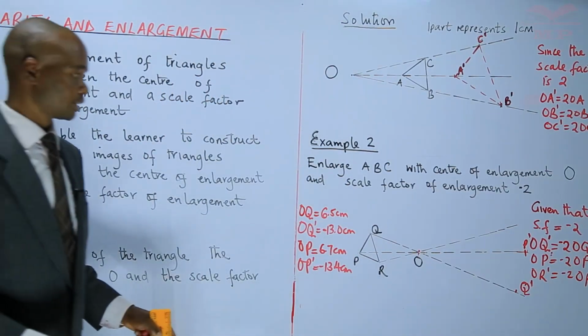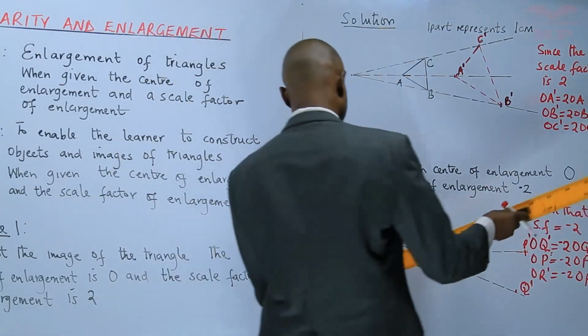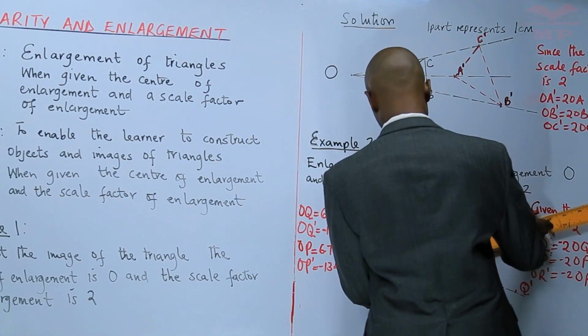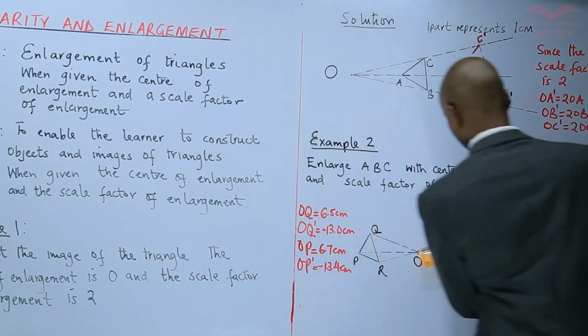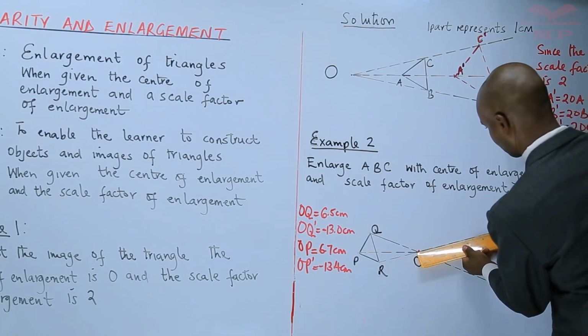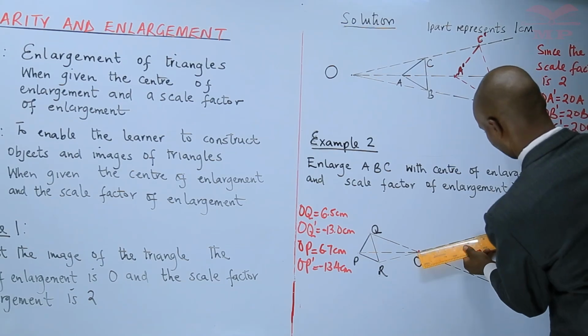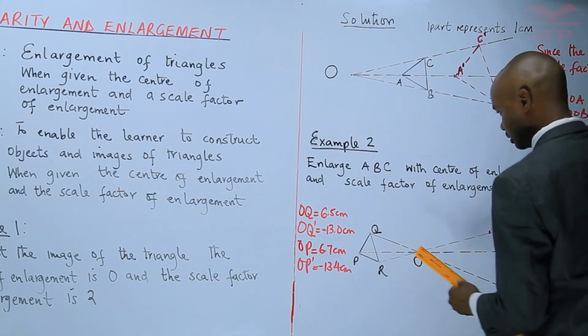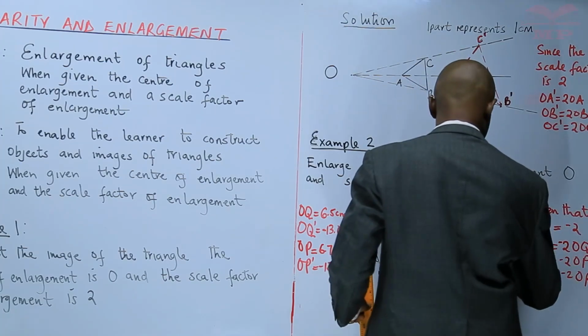We move to the last one, R. That is 4.5, 4.6. So this one will be 9.2. 9.2, it's here. That is R prime.